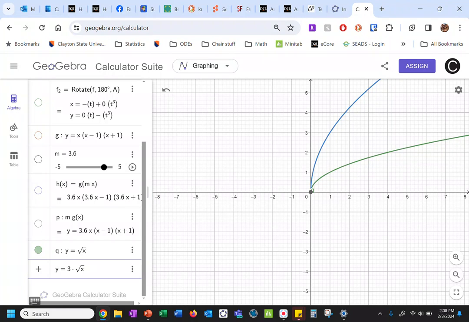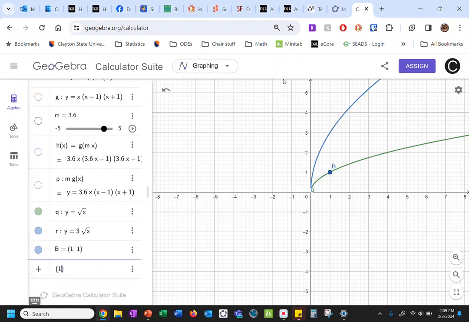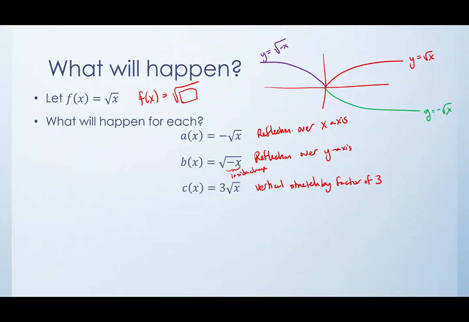So my point, like 1,1 on the first graph, has now become 1,3, right? So each one of those is 3 times higher than it was. So this kind of has the effect of making it look narrower than what it was. All right, so this is making it look narrower.